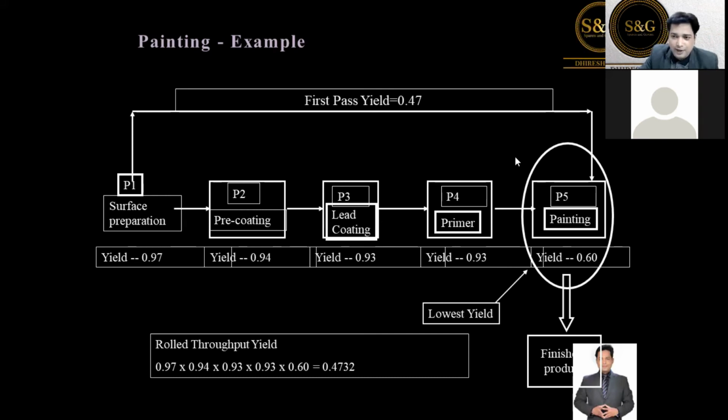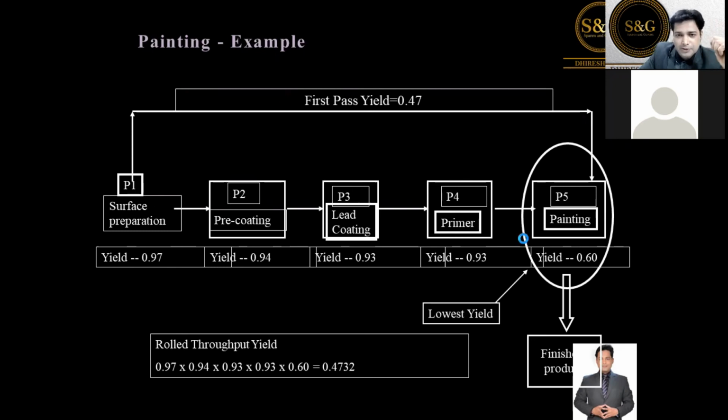So what is the next step? Next step is to identify the lowest yield process, which is painting. Okay, उसको लो, उसमें अंदर डीपली जाओ, जैसे कि हम लोगों ने किया था हमारे एक्सपेंस प्रोजेक्ट में. First we did the Pareto analysis, and after each and every line item we went deep into it.